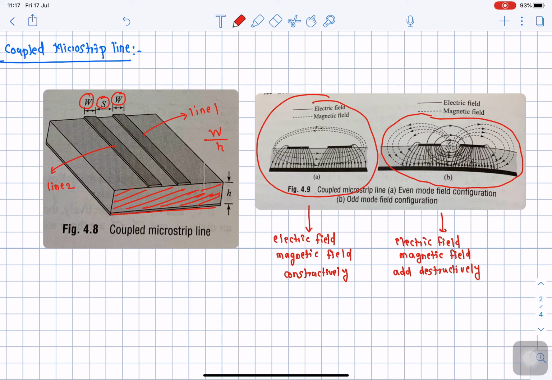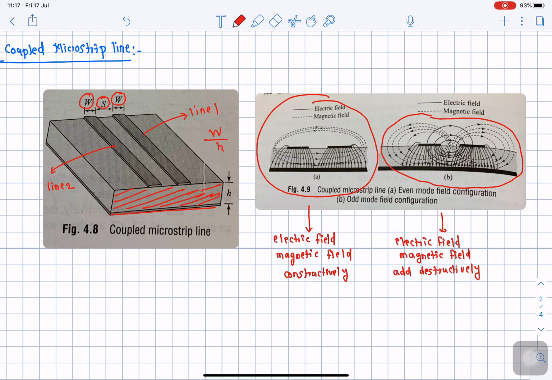Okay. And as the coupled microstrip lines exhibit these two separate modes, the impedances are also calculated separately. Please remember, the impedance for the coupled microstrip line in the case of even mode and odd mode is calculated separately, because we need to analyze these two modes separately, and accordingly the characteristic impedance will be specified. Okay.